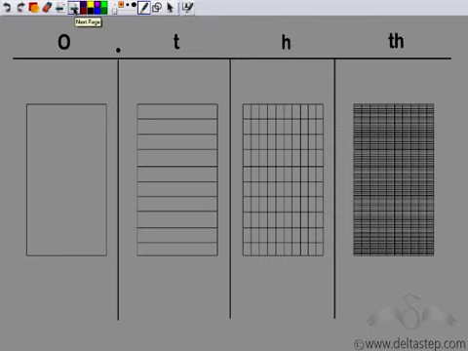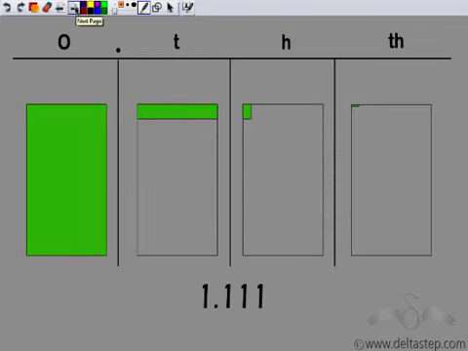So these are the first 3 decimal places. You can continue having more decimal places also, but these are the first 3, that is tenths, hundredths and thousandths. Now let us look at this number 1.111. Now this indicates 1 ones, this is tenths, this is hundredths, this is thousandths.